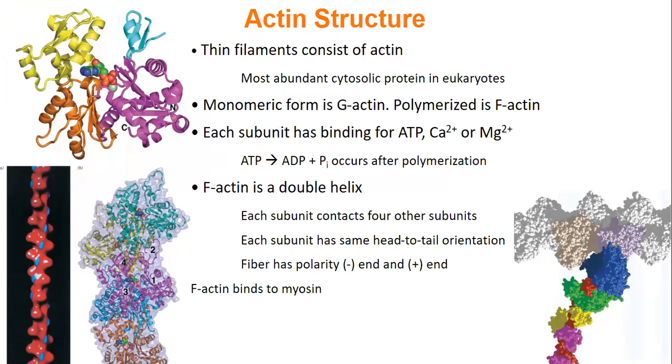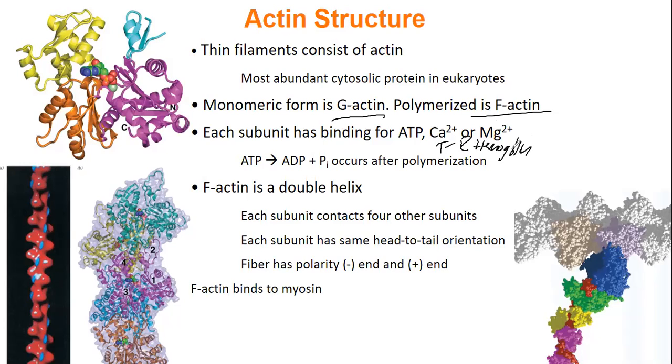Yeah. So actin has two different forms. We call it G-actin and F-actin. Now, this is a common confusion that I see. G-actin and F-actin are not different proteins. G-actin and F-actin are the same protein, just in different states. So you can think of G-actin and F-actin like T and R hemoglobin, right?